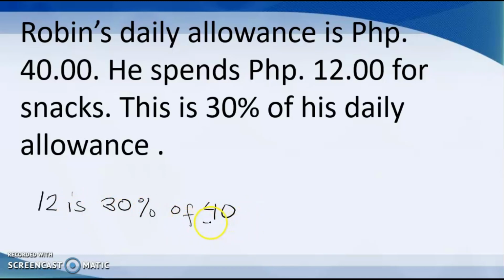Wherein 40 here is our base. 30% is our rate, because we clearly have a percent symbol, and of course the last, 12, which is part of 40, that is our percentage.